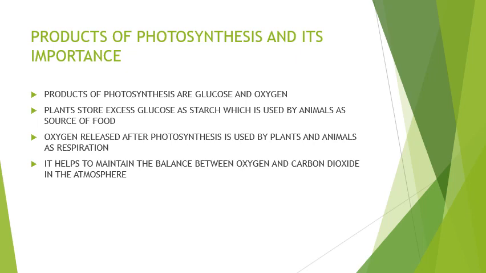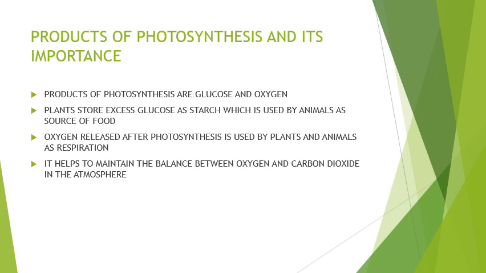And the extra glucose is converted into starch and stored in different parts of the plant, like stems, roots, fruits, etc. Oxygen is released as a byproduct of photosynthesis, and this oxygen is essential for the survival of all living organisms.